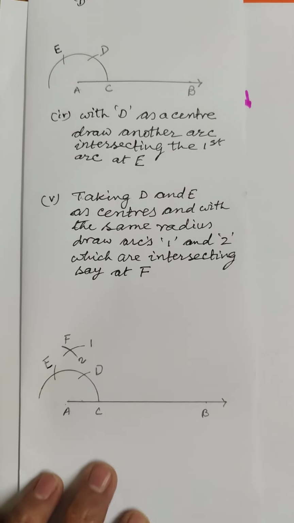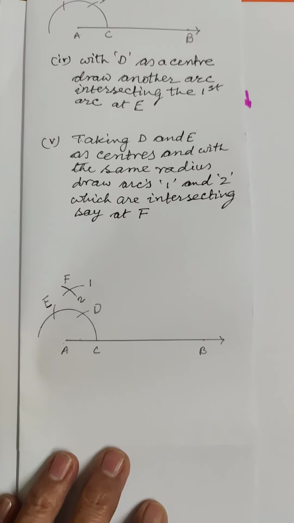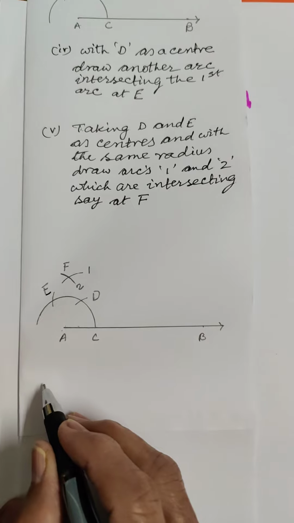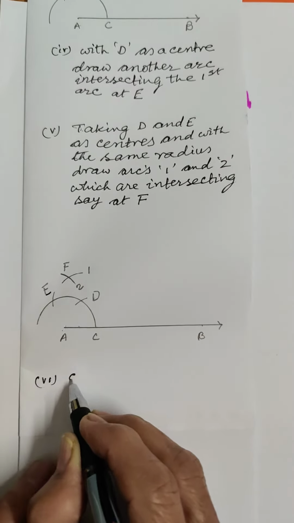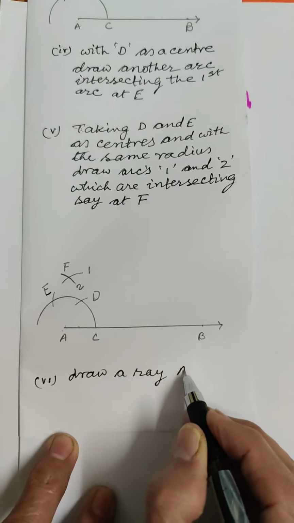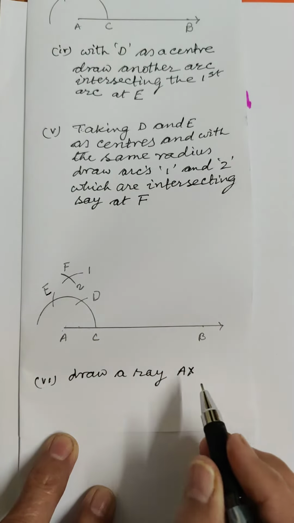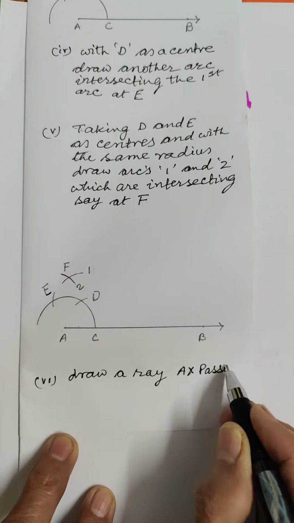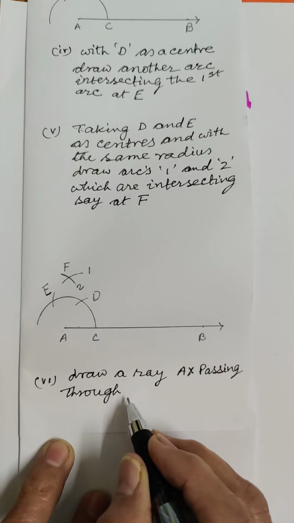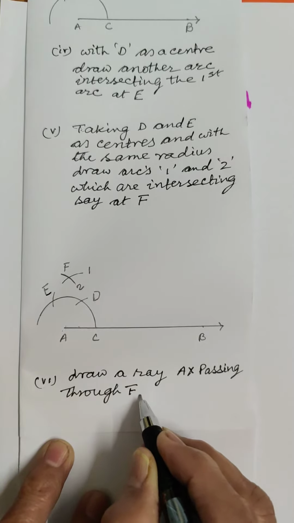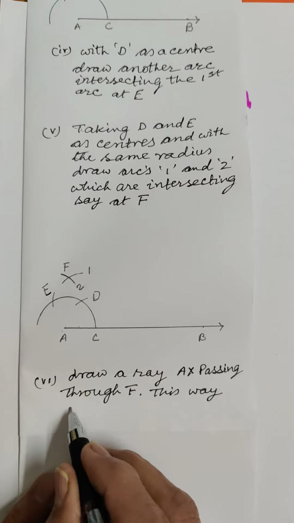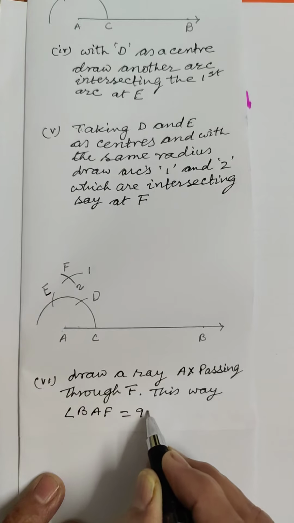Now, the last step: we shall draw a ray AX passing through F. This way, angle BAF is equal to 90 degrees.